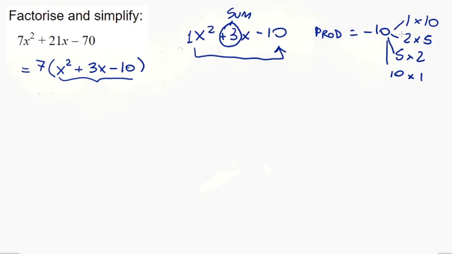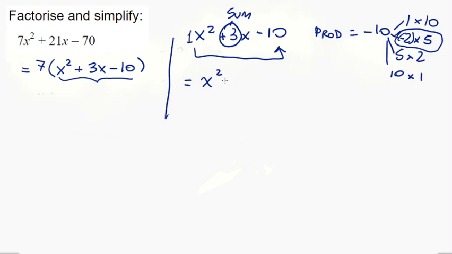So if I take this second example here, and if 2 was negative, I would have a product which is negative 10, and a sum which is 3.